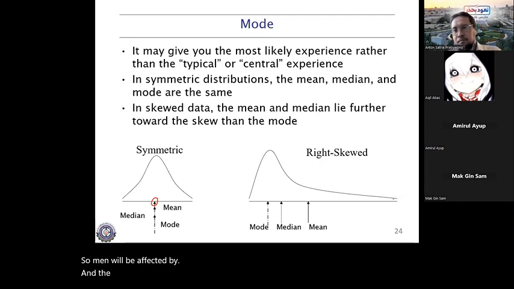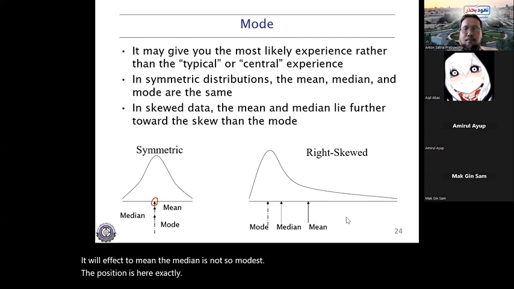If there is some data outside of the normal range, it will affect the mean. The median is not affected so much, and the mode position is exactly here.